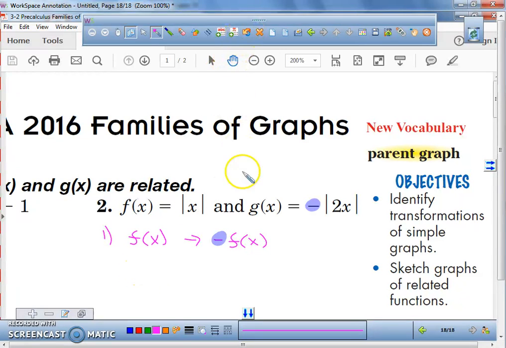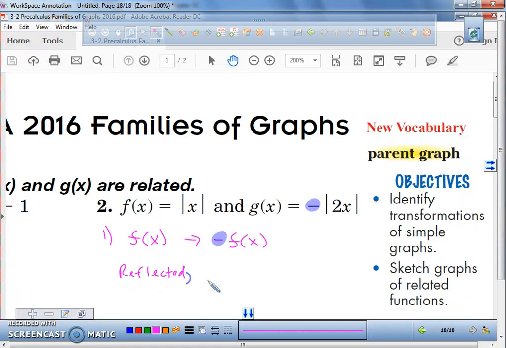It's not going to be translated. It's going to be reflected over the x-axis. So this deals with reflecting across the x-axis.